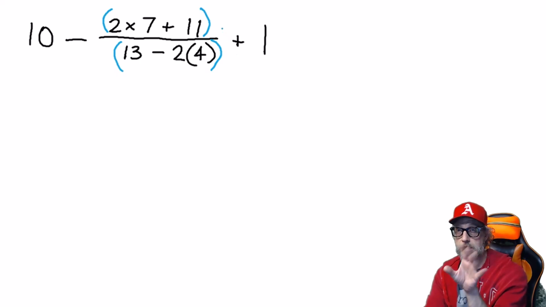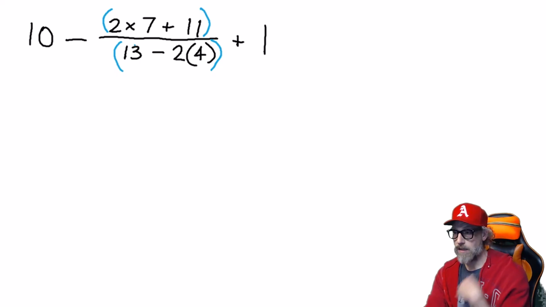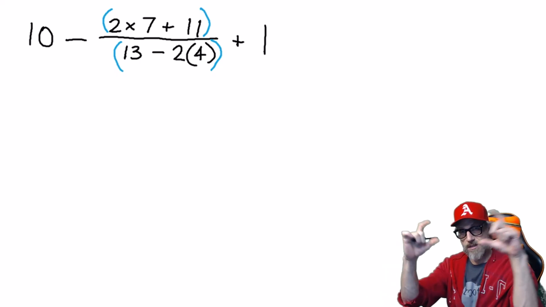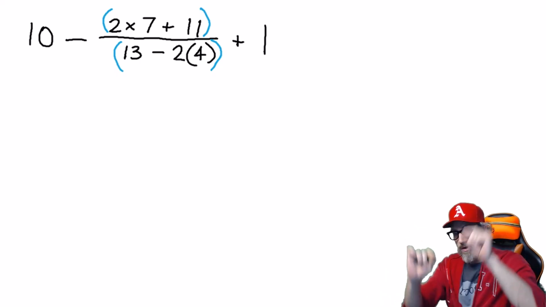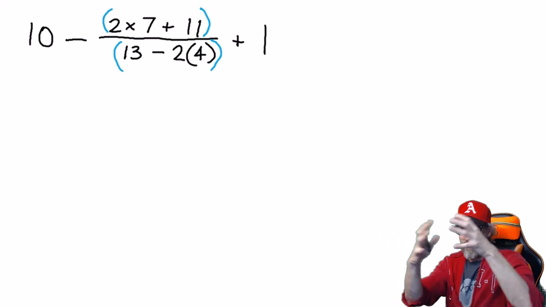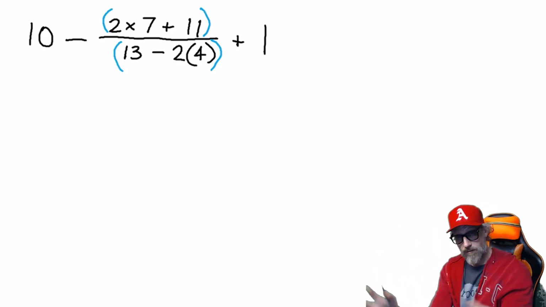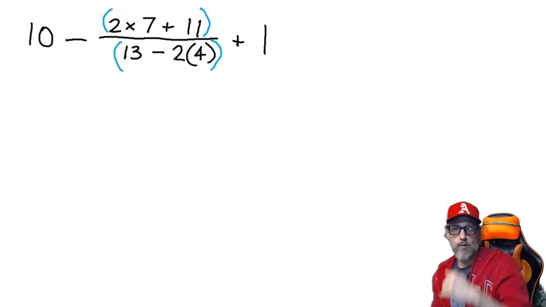So I'll add those here so that we understand what we're doing and why. Whenever we see a fraction, there's this kind of grouping together. We can't really jump back and forth in a fraction.